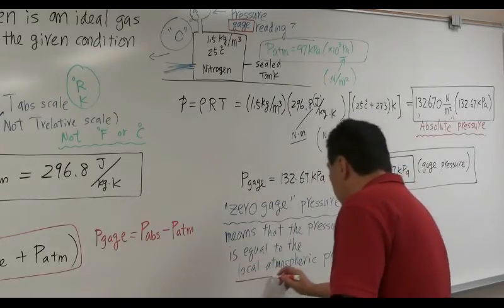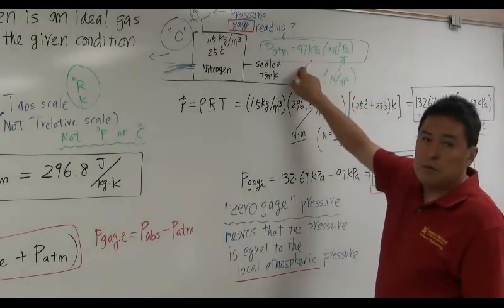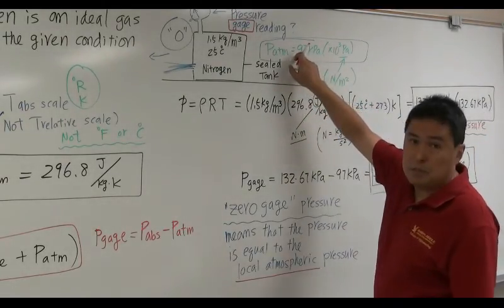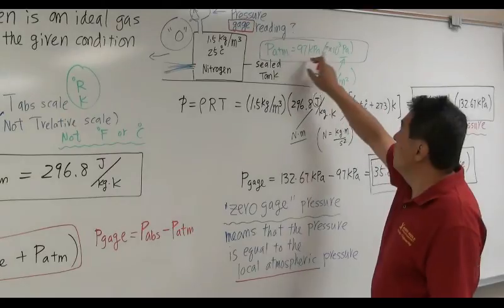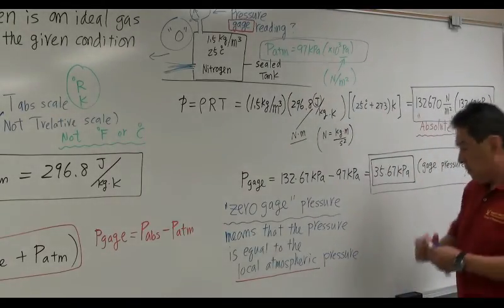I'm going to use the expression local atmospheric because atmospheric pressure may not necessarily always be this value, 97 kilopascal for this particular problem, but could be a different value.